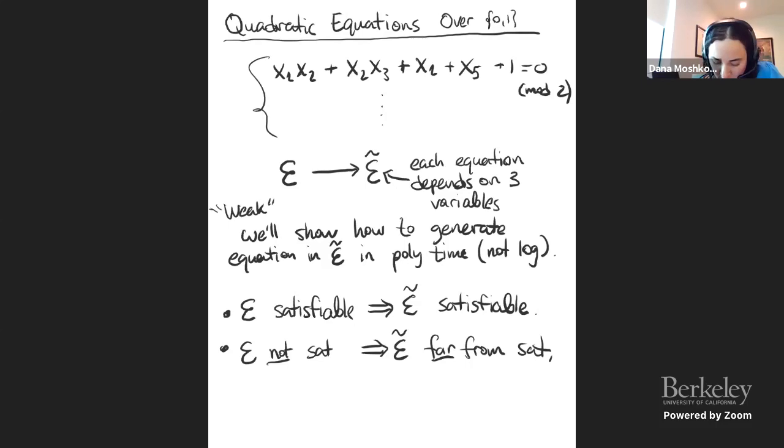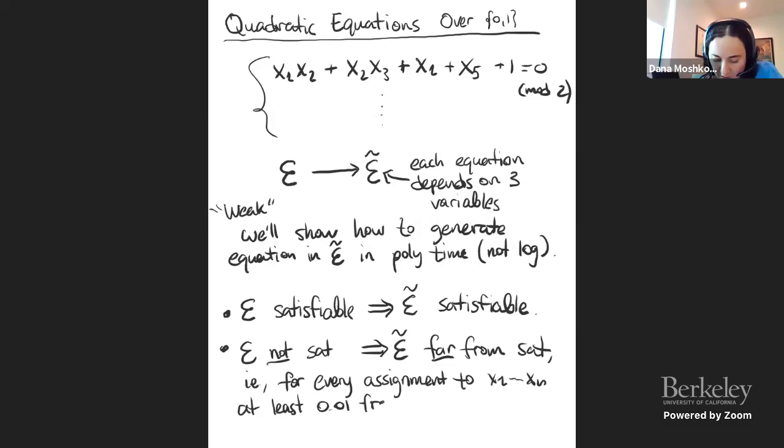That is, for every assignment to x1 through xn, at least 0.01 fraction of equations of E tilde are violated.